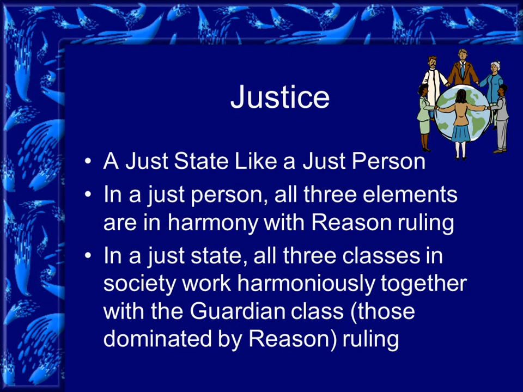So in a just political state, you've got all three classes working harmoniously together with the guardian class, those who excel intellectually, ruling. In a just person, you've got all three elements kept in harmony with reason ruling. So for Plato, a just political state mirrors the structure of a just person.